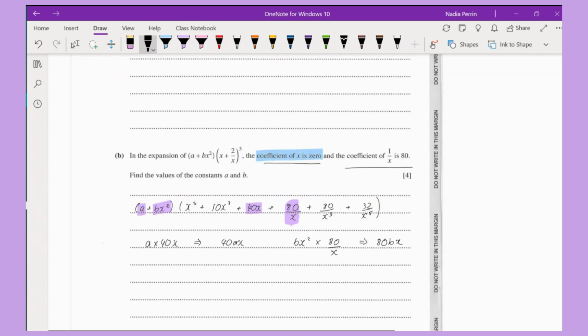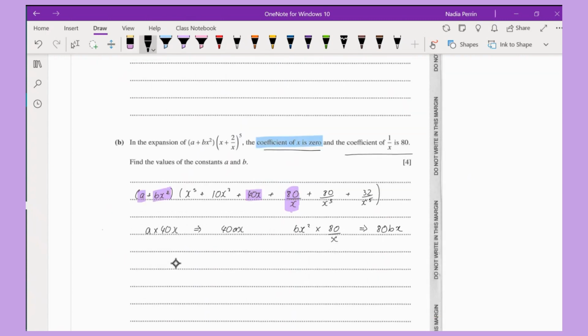So when it says the coefficient of x is 0, it means that 40a, which is a coefficient here, and the coefficient here have to give 0. So therefore we know that that's going to be one of our simultaneous equations that we're going to end up needing to do.